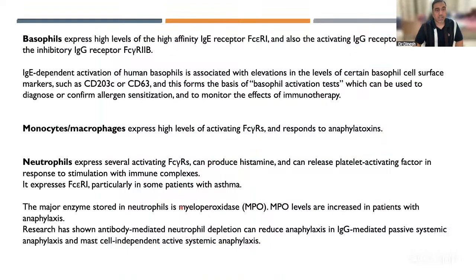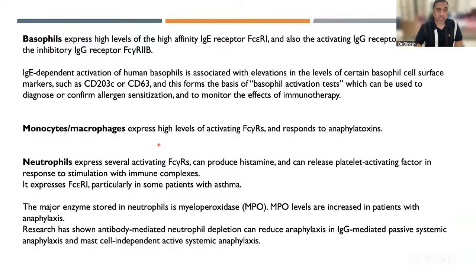So besides mast cells, the other cells which are important are, as I told you, all this initially, whatever we know has already been clinically used. Basophils again are as important as mast cells, and they have high levels of the high affinity IgE receptor and also activate the IgG receptor gamma, causing the release of most of the active mediators.